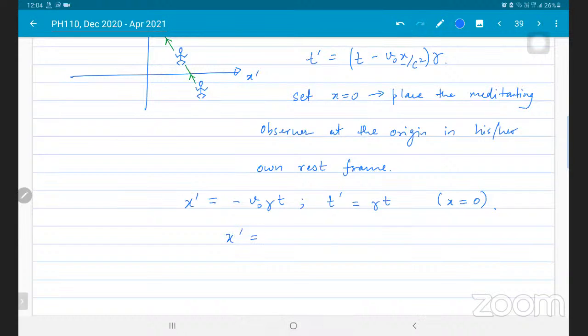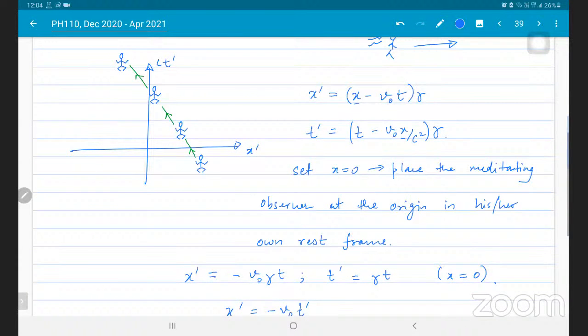You can just look at it and tell. x prime is equal to minus v naught t prime. That is what this line is. That is what this line should be, right? It cannot be anything else.